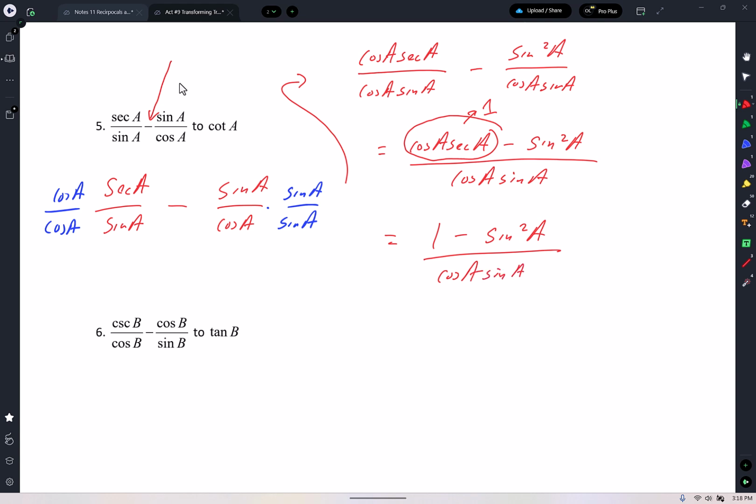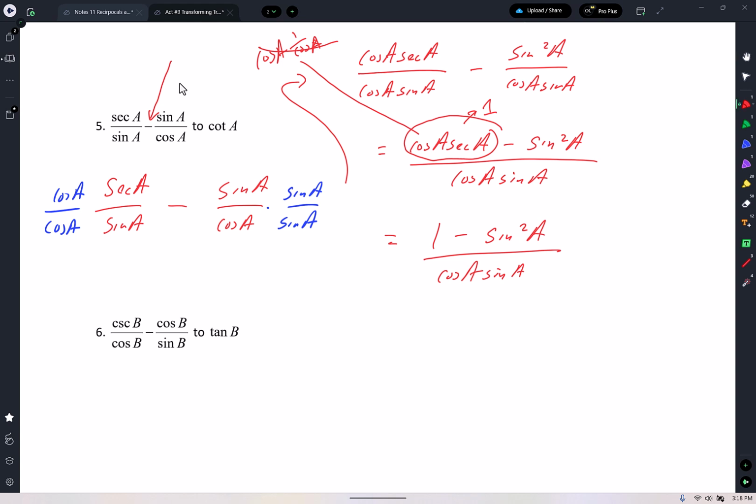Whoa, where did you get that one from? Oh, cosine and secant A cancel each other out. Secant is 1 over cosine A, so it's just 1. They're reciprocals of each other. Almost. 1 minus sine squared is what?